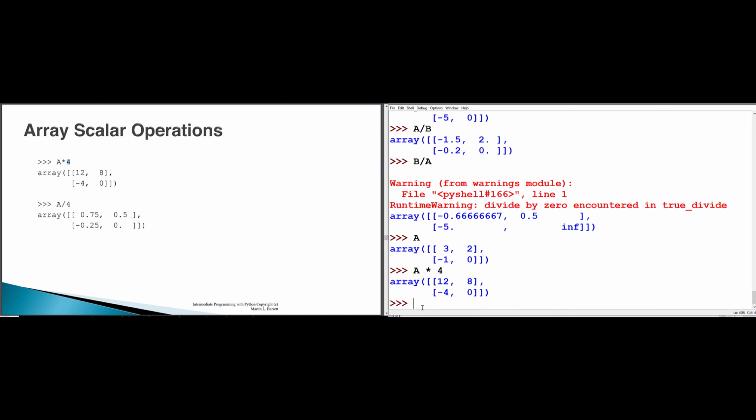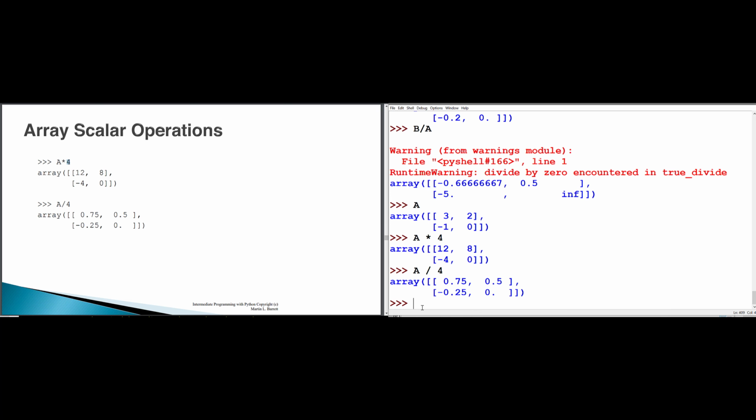And there's my resulting array. And if I divide by 4, each element gets divided by 4. And here's my resulting A over 4. Well, actually, that's the same as ordinary multiplication of a scalar by a matrix, so that's not a big surprise.